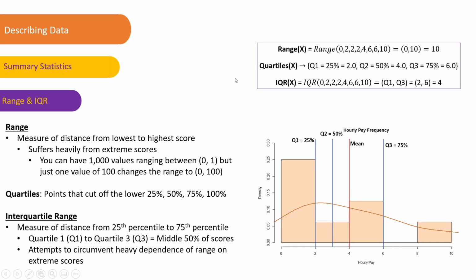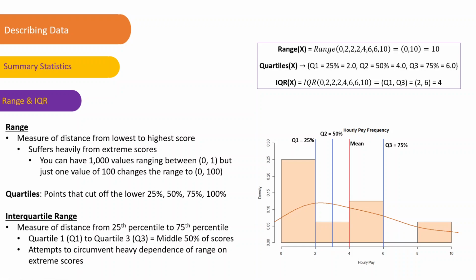And then we can use this knowledge of quartiles to talk about the range and the interquartile range. Well, the range, you really don't need to know quartiles for that. The range is just a measure of distance from the lowest to the highest score. But the range suffers heavily from extreme scores. So imagine that you have 1,000 values or observations, and all 1,000 of those fall between 0 and 1.